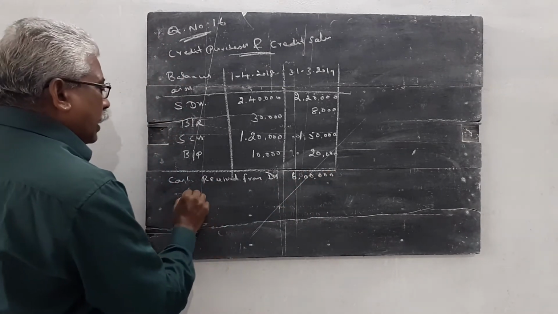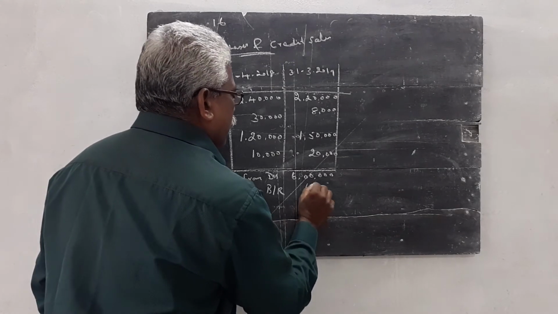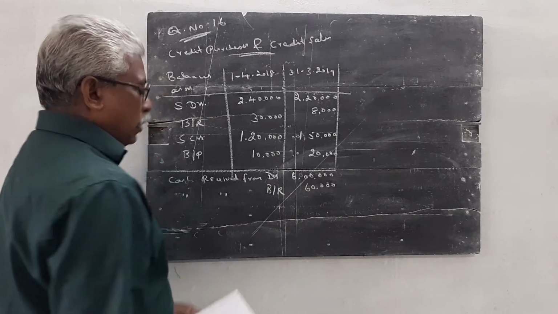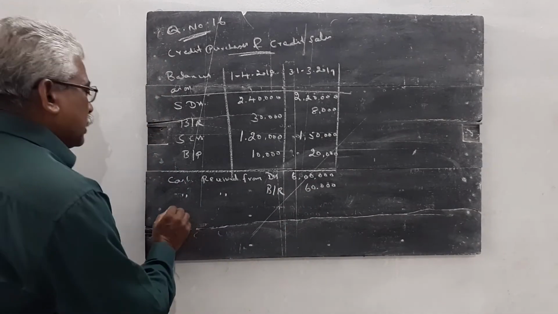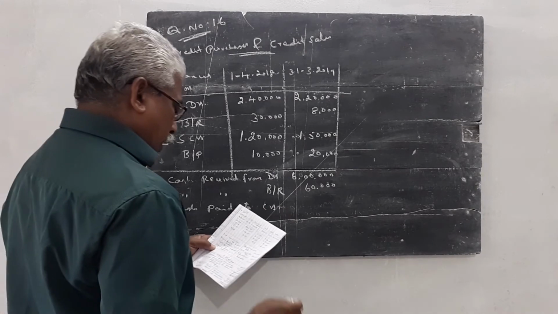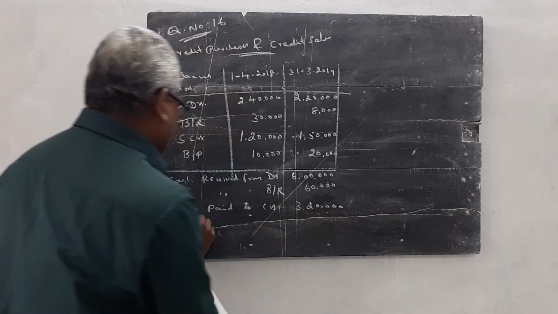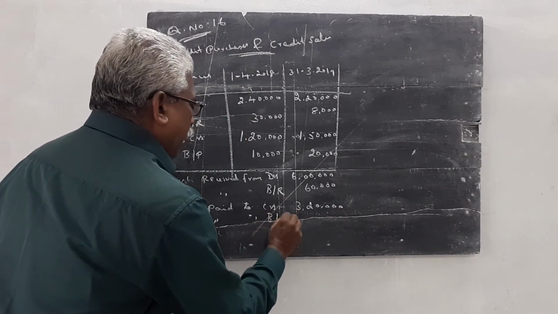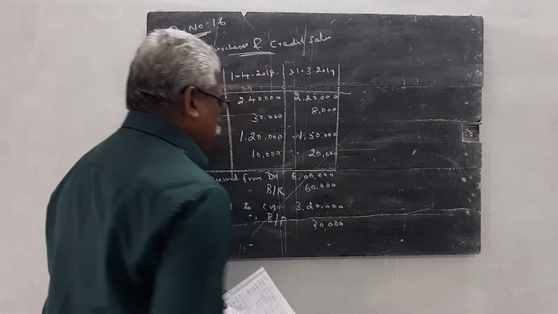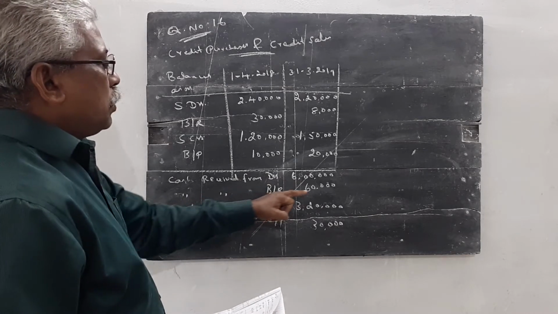Cash received for bills receivable 60,000.